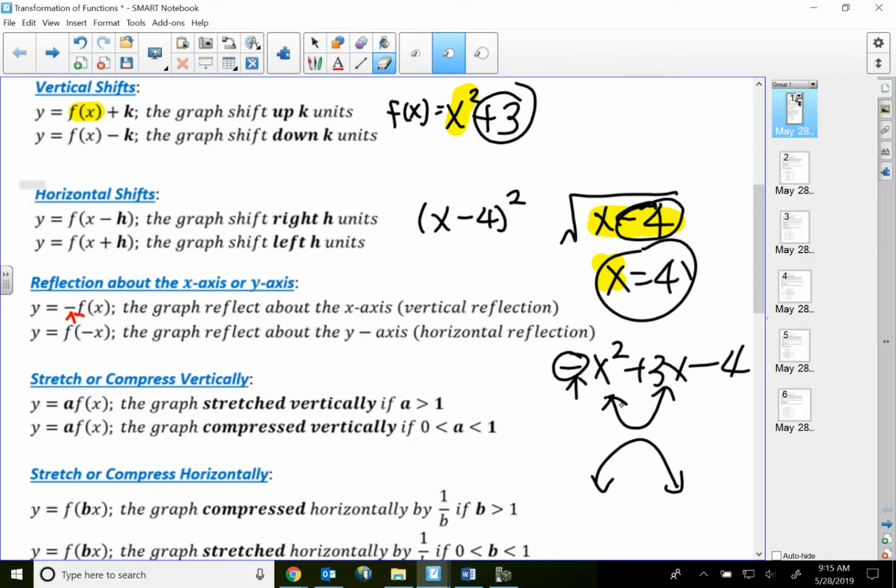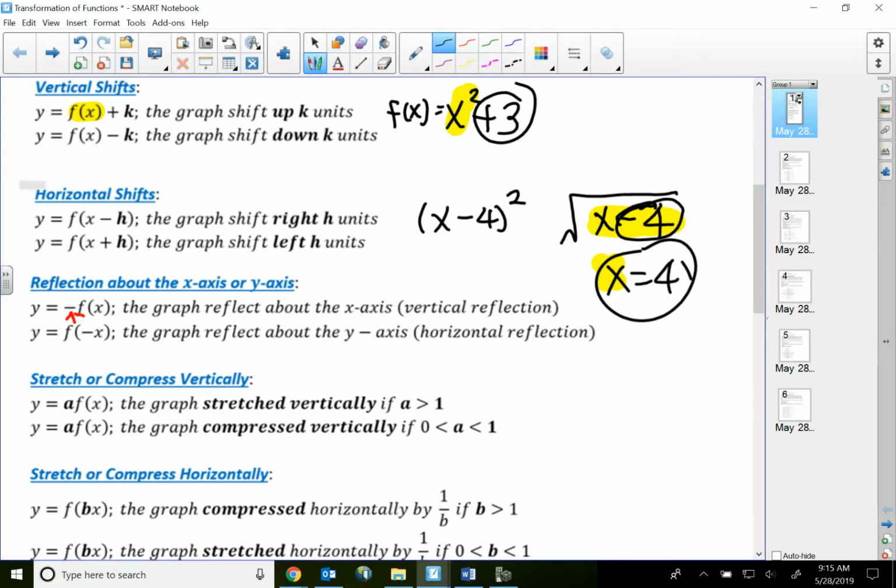Now, if I have a parabola where the negative sign is inside the function, maybe like negative x minus 4 squared, that negative inside the function in front of my variable x tells me it's going to be a reflection about the y-axis.